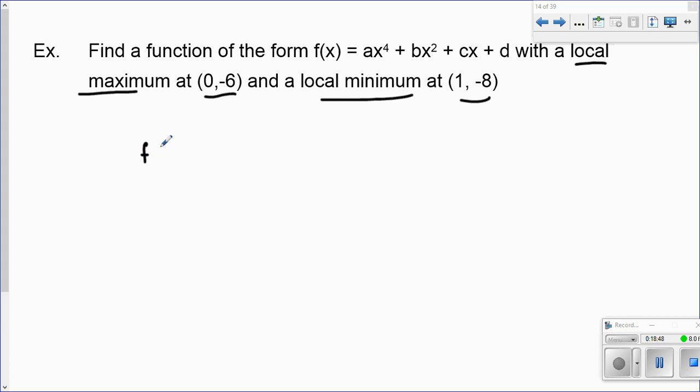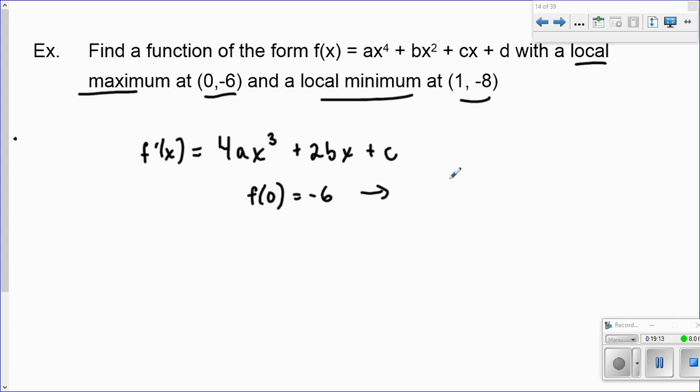Let's take the derivative though first. This would be 4ax to the power of 3 plus 2bx plus c. Now let's put in some points here. My original function has a point on it at 0, -6.